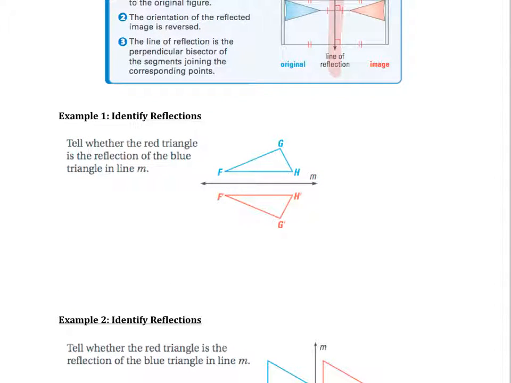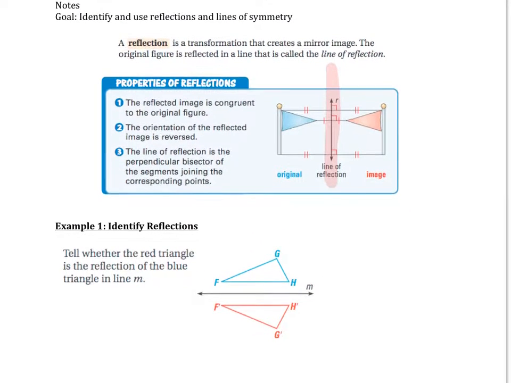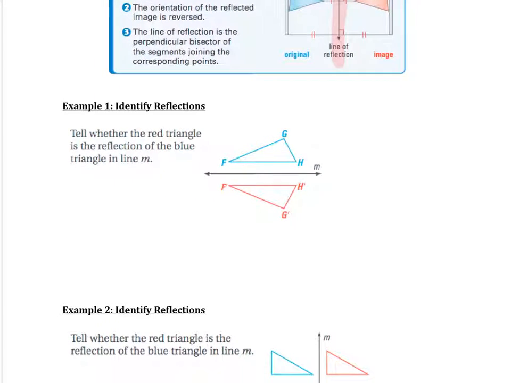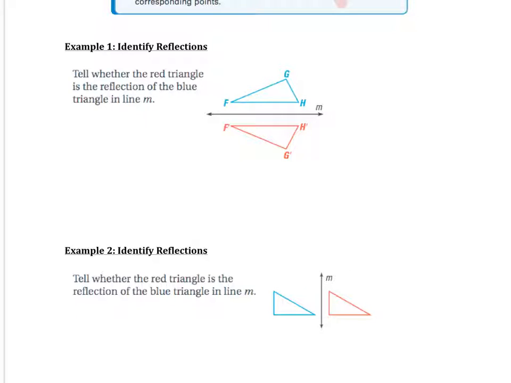So the blue will be the original image, and the red will be the reflected or trying to be reflected image. So we have the pre-image, which is the original, and the image, which is after the transformation.